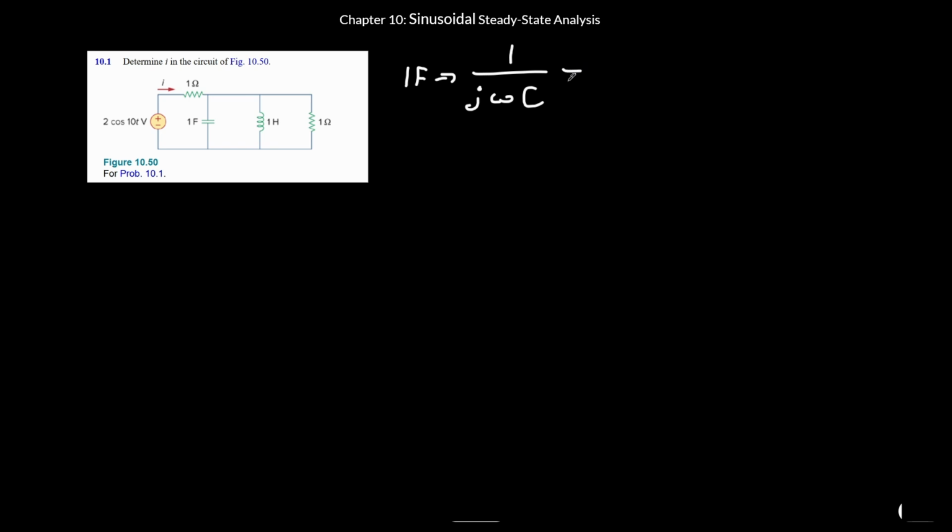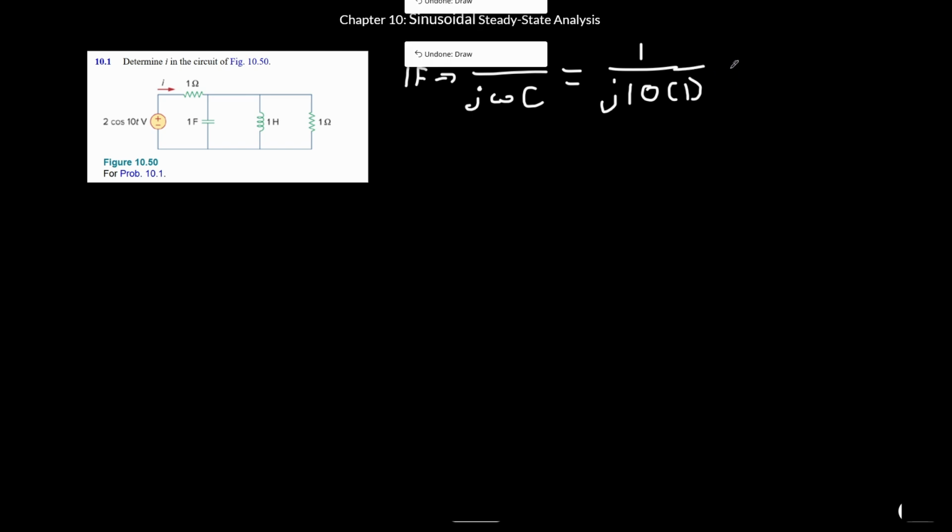Calculating this should be pretty easy. It'll just be 1 over J, and our omega will be 10. That means our capacitance is 1 farad. So this will just be equal to 1 over J10.